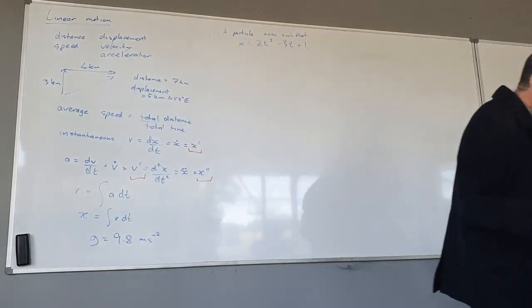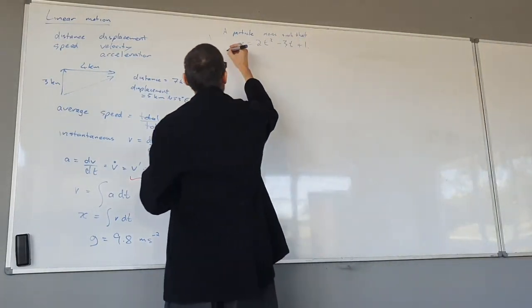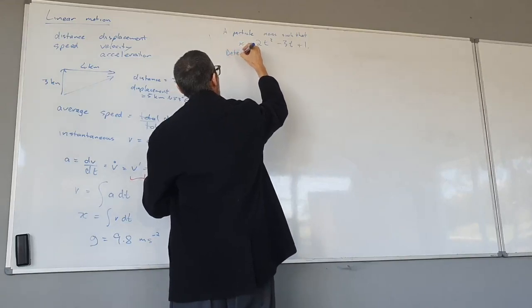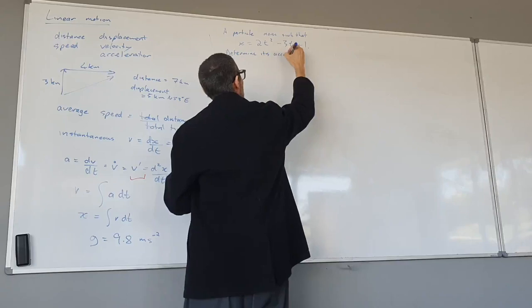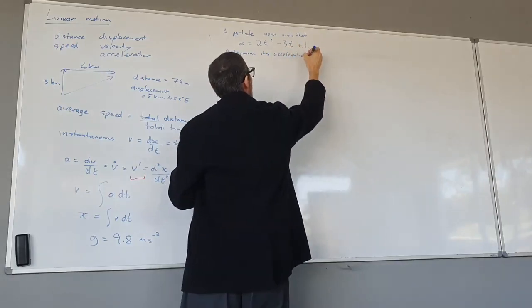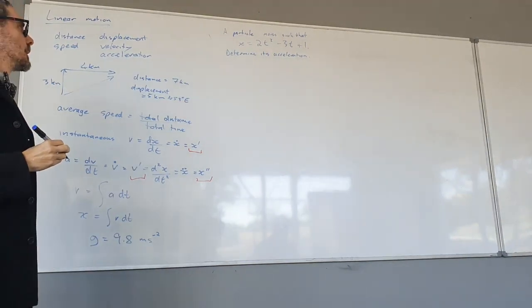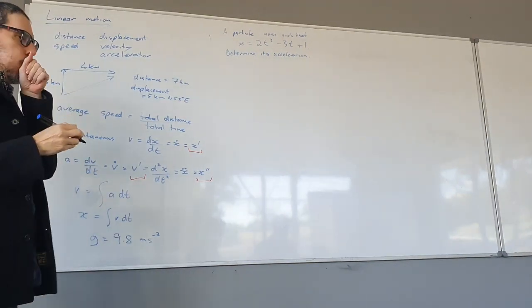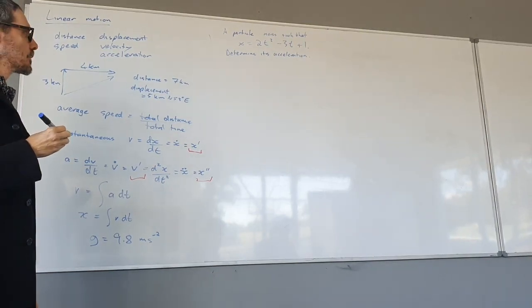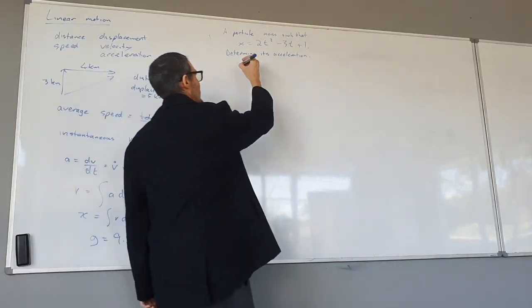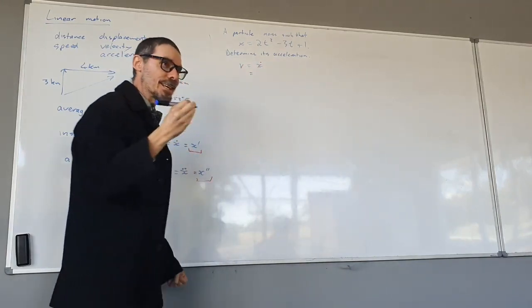What did they say? Determine its acceleration. So we just derive it twice. Velocity is x dot, or you can write dx dt.